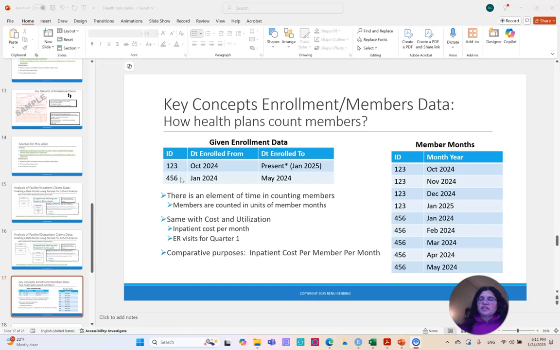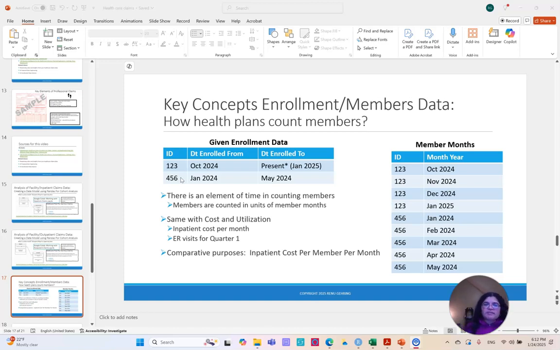What's our inpatient cost? Every time you talk about cost and utilization, there's a time element involved. You're not going to talk about cost without saying what the time frame is. So you might say inpatient cost per month or ER visits for quarter one of 2024.